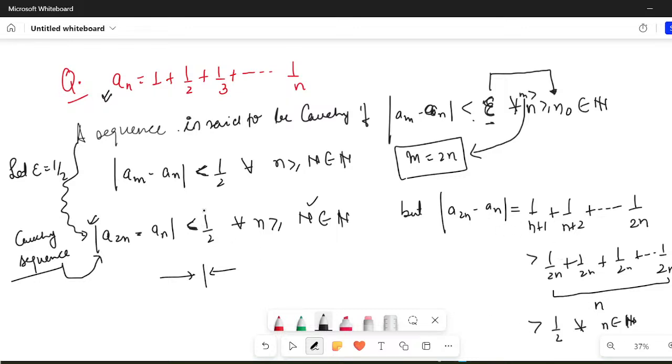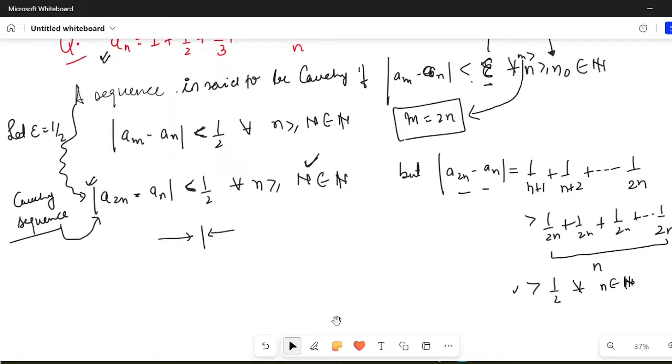If the sequence is Cauchy, then for any given arbitrary epsilon, I must be in a position to give you a natural number beyond which the sequence elements are such that the modulus of a2n minus an is less than half. But what do you see? You see that the modulus of a2n minus an is always greater than or equal to half. So clearly the sequence given by an equal to 1 plus 1 by 2 plus 1 by 3 up to 1 by n is not a Cauchy sequence.